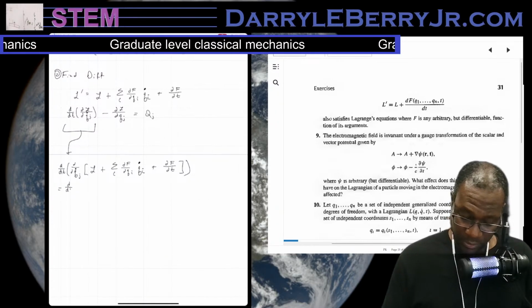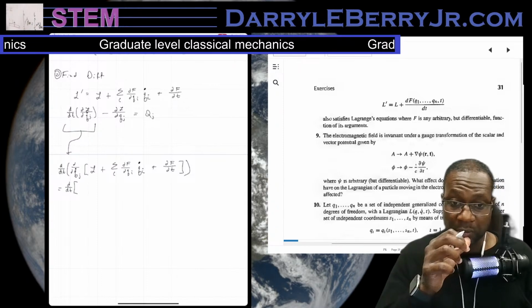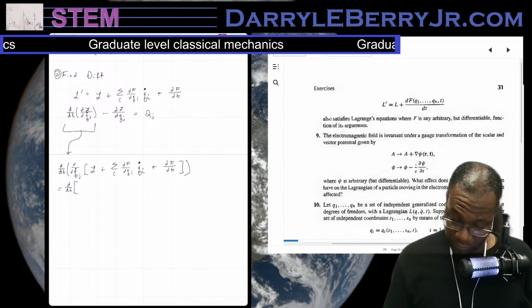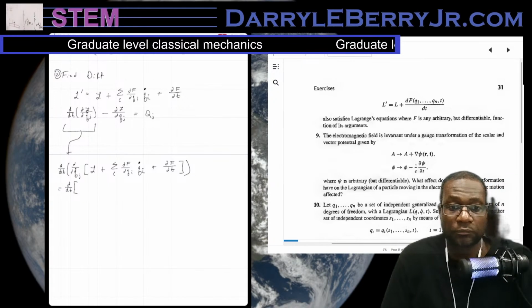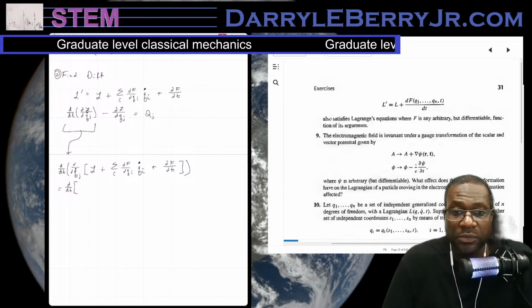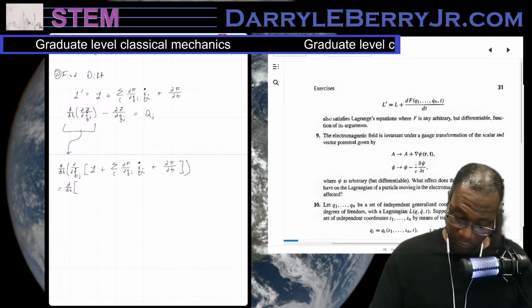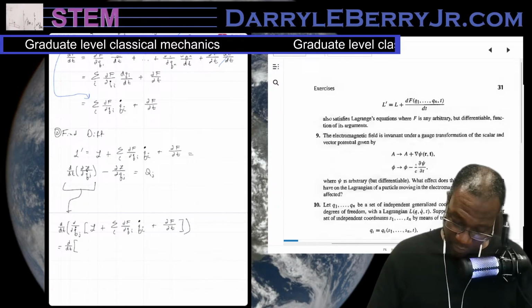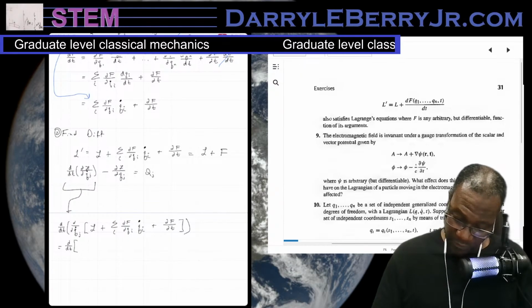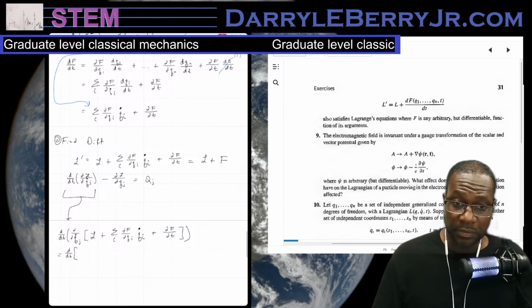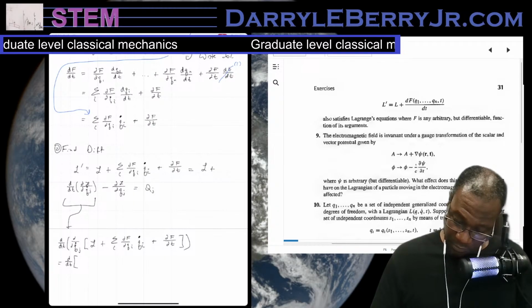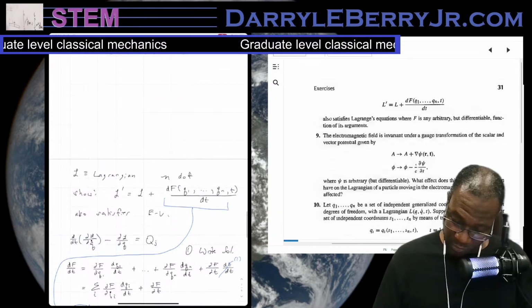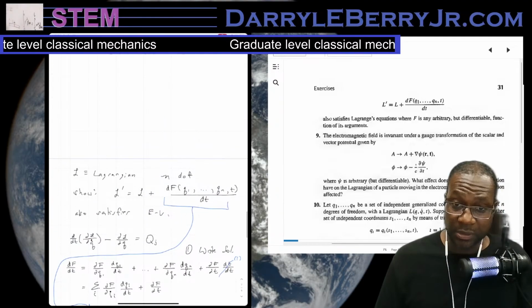So this equals d/dt of partial L over partial q dot, where this equals L plus dF over dt.